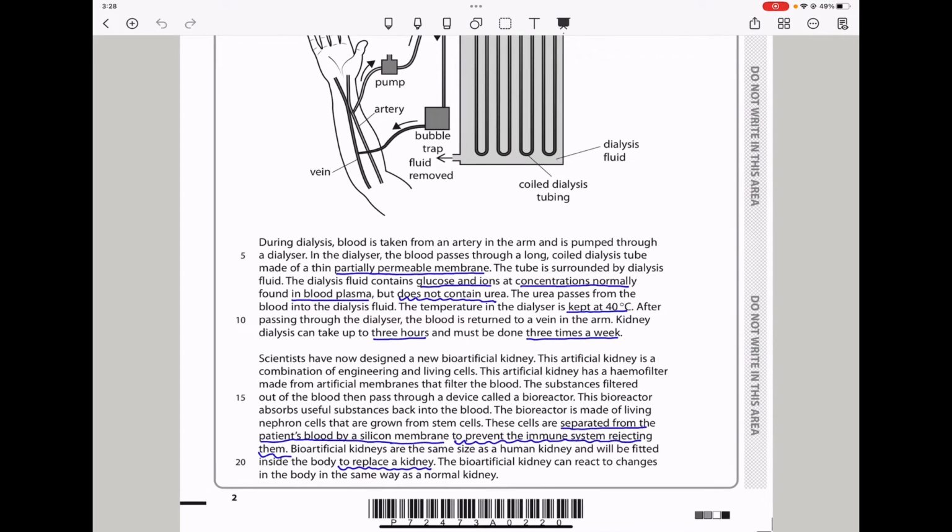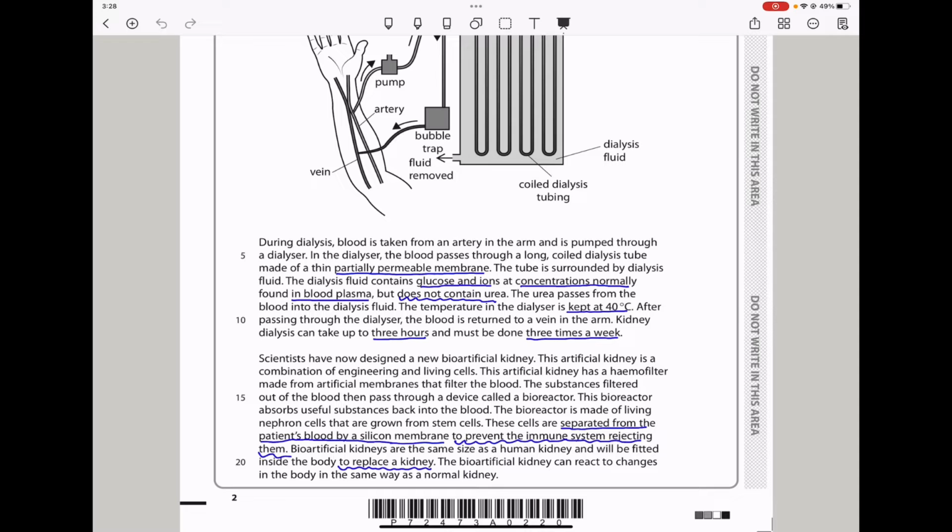Scientists have now designed a new bio-artificial kidney. This artificial kidney is a combination of engineering and living cells. The artificial kidney has a hemofilter made from artificial membranes that filter the blood. The substances filtered out of the blood then pass through a device called a bioreactor. This bioreactor absorbs useful substances back into the blood.